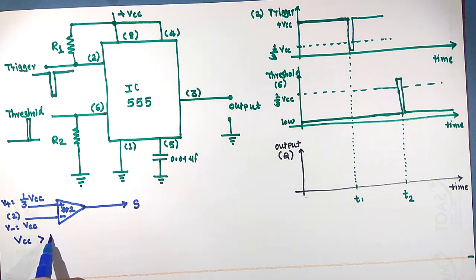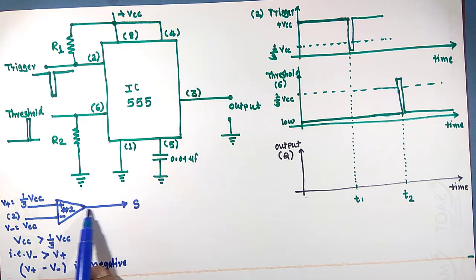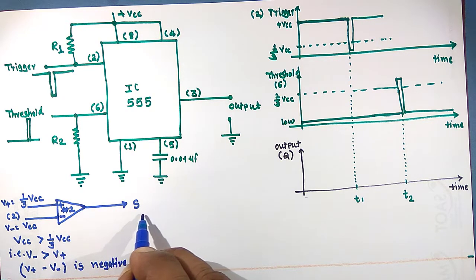VCC is greater than 1/3 VCC, that is, V minus is greater than V plus. If V minus is greater than V plus, it means that V plus minus V minus is negative, and then the output of the lower comparator is low.